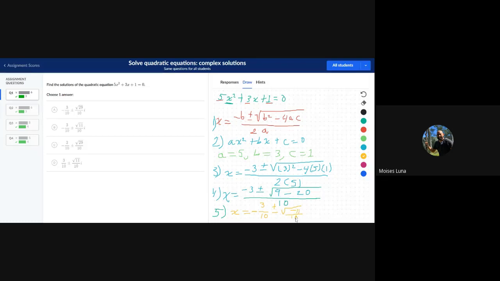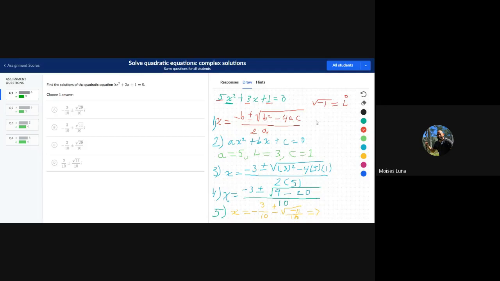Now you guys know, okay, here we need to do a further simplification. All right, and I'm going to write this in red here. Now you know that you cannot have the square root of a negative number. That's why we have imaginary numbers. And you know that the square root of -1 equals i. So you just need to substitute that.